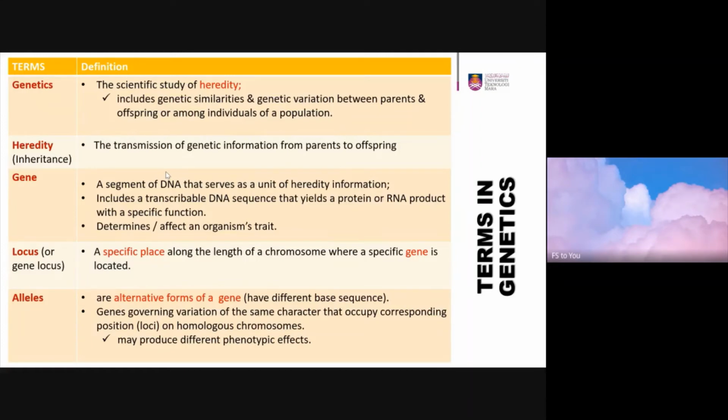So contohnya kalau ada keturunan yang ada albino, kan, albino. So maybe you are the carrier. So if you marry your partner later, and then your partner dia show normal character, faham? Normal character. Dia ada skin pigmentation, kulit dia okey, tapi bila awak dapat anak, awak ada anak yang albino contoh.